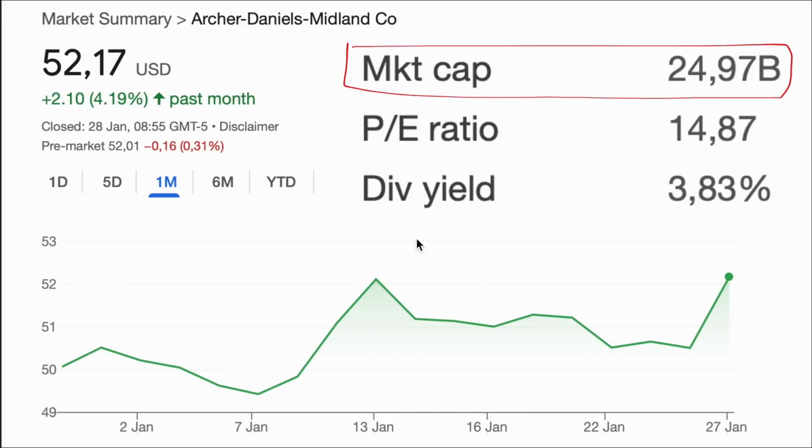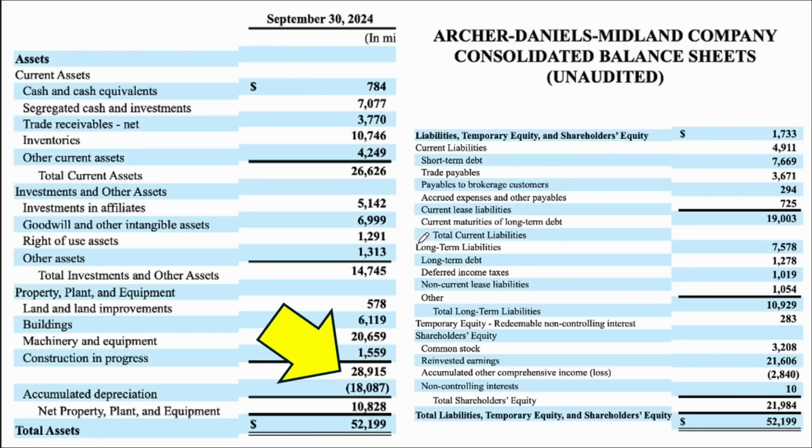However, if I dig deeper into the accounting value, I see that they spent 29 billion on property, plant and equipment, and that the accumulated depreciation, the accounting loss of value there, is 18 billion, thus the net property, plant and equipment is 11 billion.